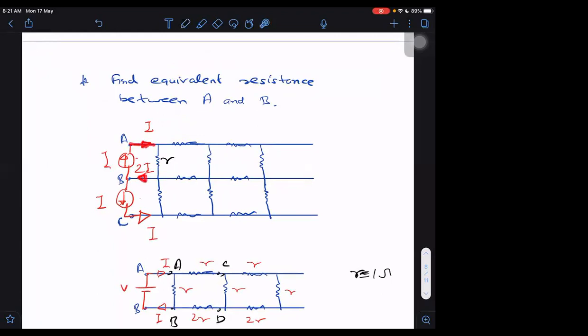I, and it is coming out to be 2I. If I give it a reference here, let's say 0 volt, what will be the voltage here? We will know this is V, this is also V.